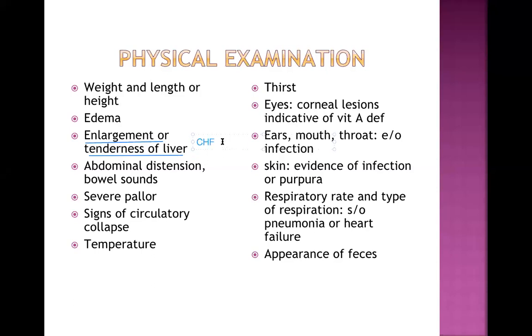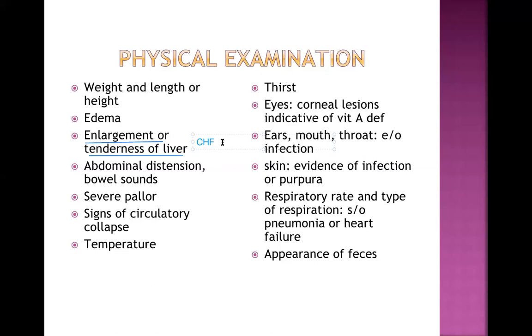Now, what is the relation here? The malnourished baby has a high chance of development of heart failure. Just like any other organ, the heart is also relatively atrophied in case of marasmic baby. If we give too much fluid from outside, thinking that this baby is dehydrated, that overloading of the fluid can lead to heart failure.